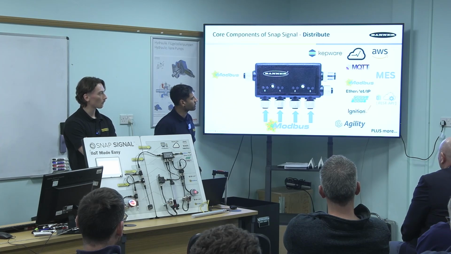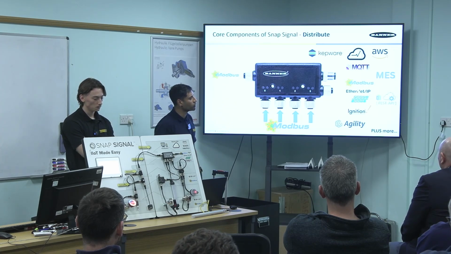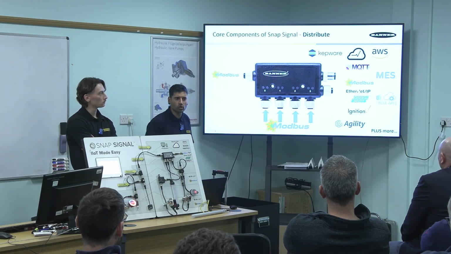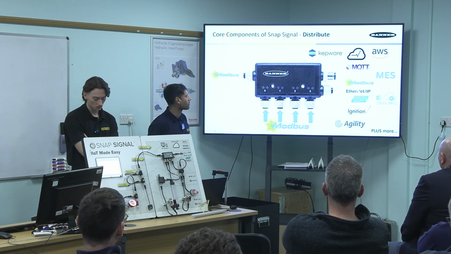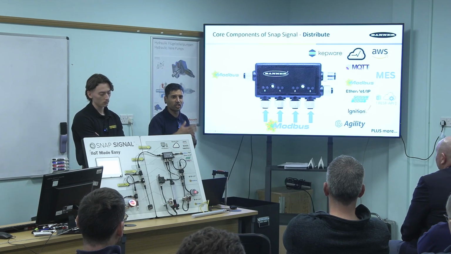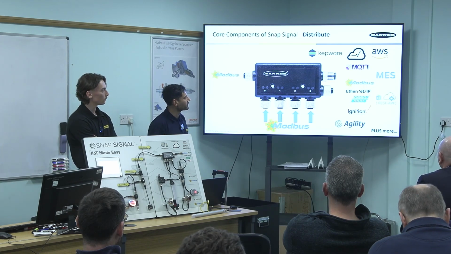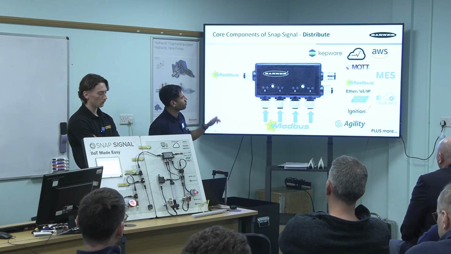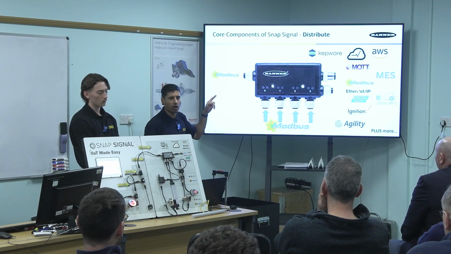MES systems as well, it will talk to, and MQTT. So that's like an internet protocol to talk to third-party clouds. It's where the OT and IT world have a bit of a handshake. So that's called MQTT. We've tested this on Kepware at a few sites as well.